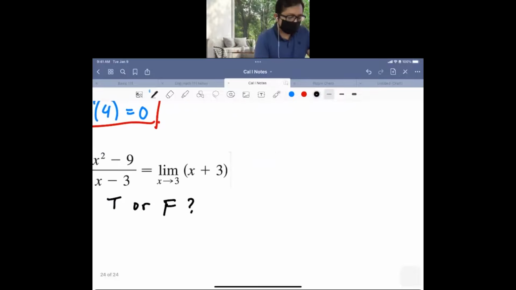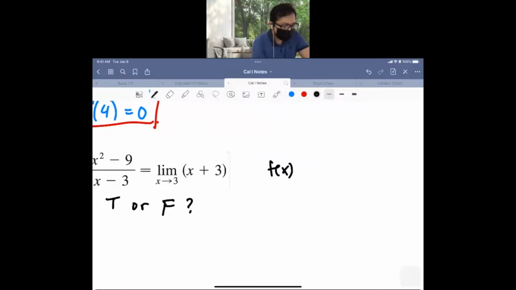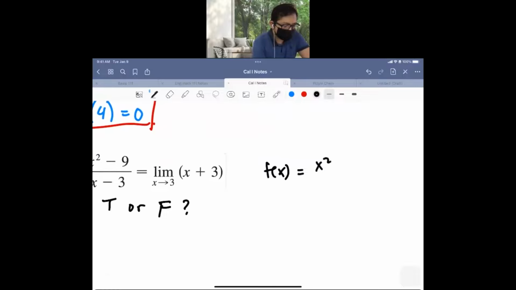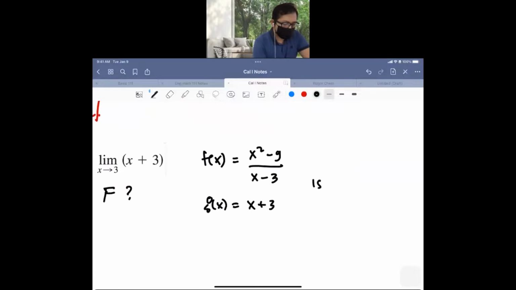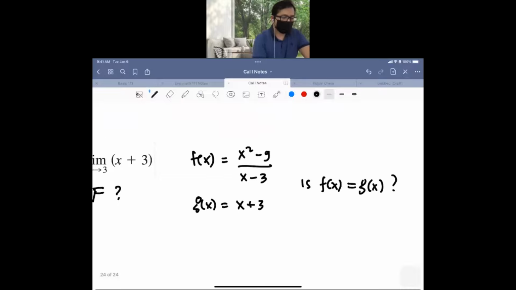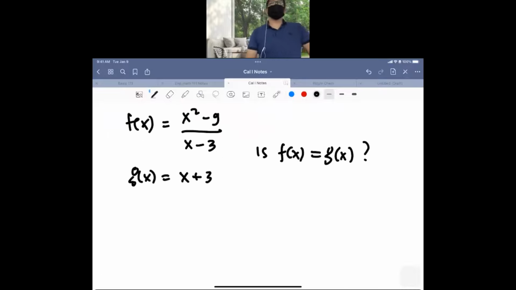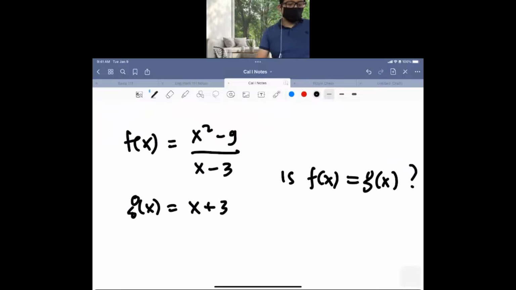If I give you these questions, you have a function x squared minus 9 over x minus 3. You have the second function x plus 3.